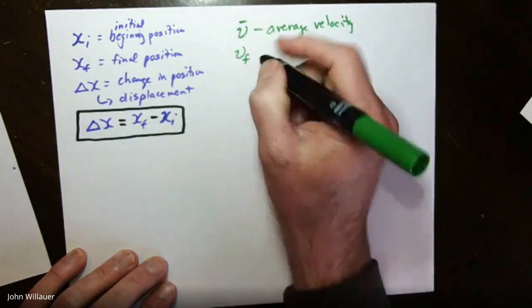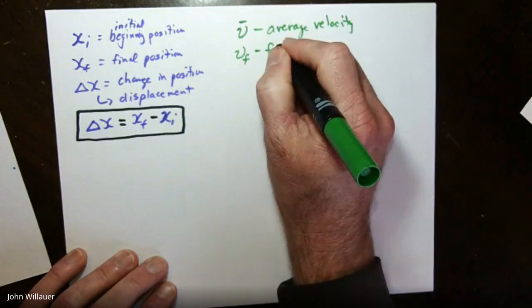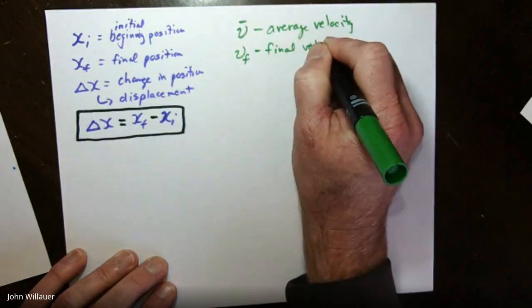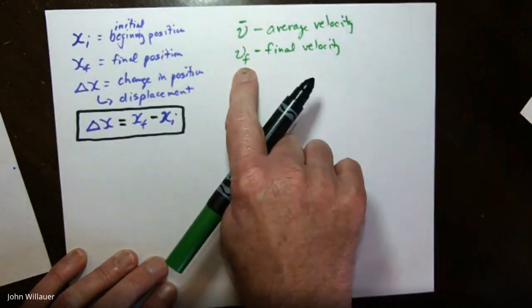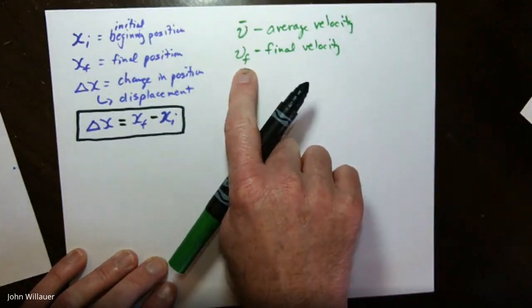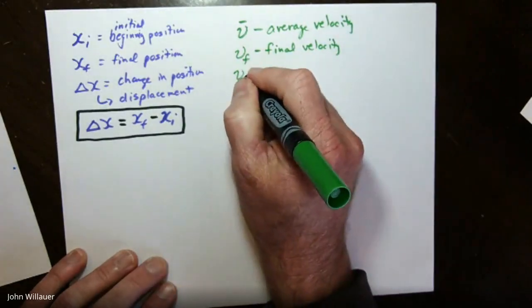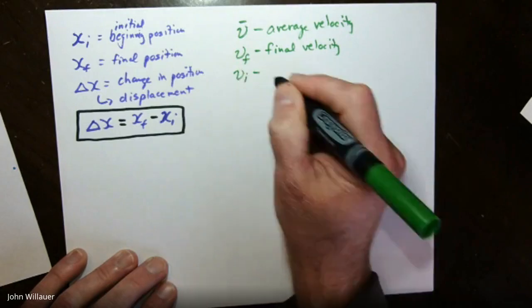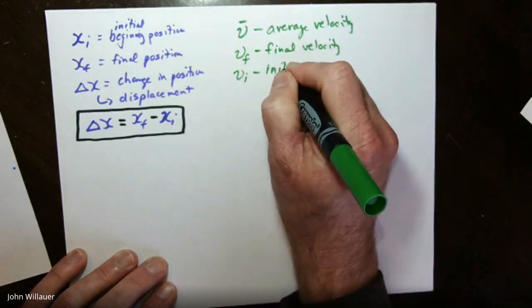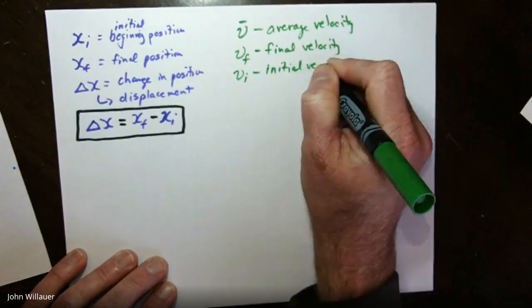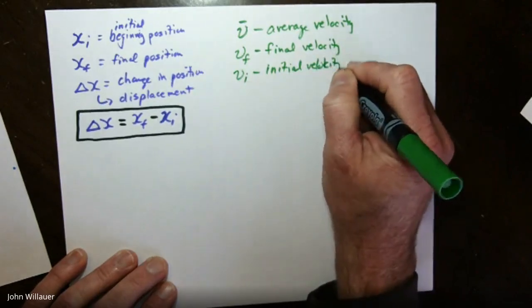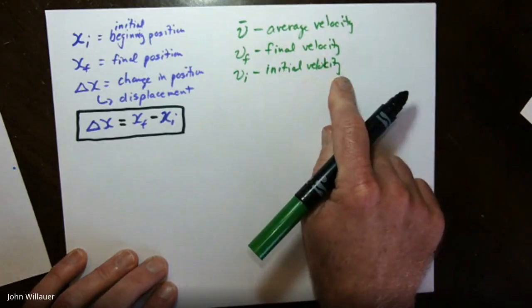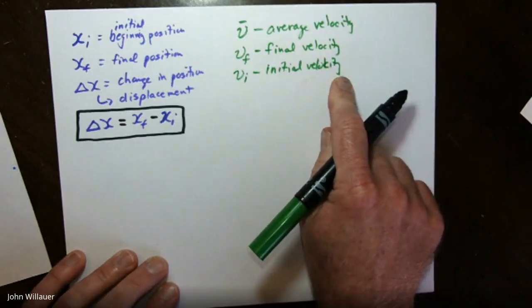What do you suppose that's going to be? That'll be our final velocity. So if we're looking at a problem, we're looking at the beginning and the end. We might want to know how fast it's going, or we might be given how fast it's going. We could also be given an initial velocity. And initial velocity here is symbolized with vi. So far, so good. Shouldn't be too confusing at this point.